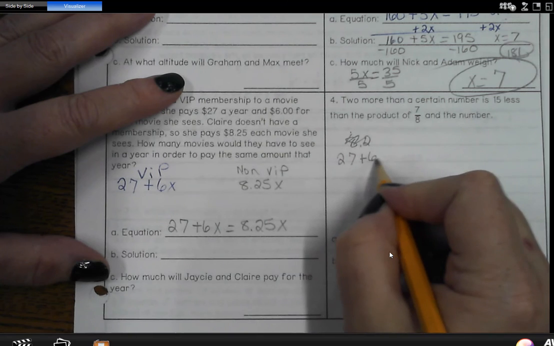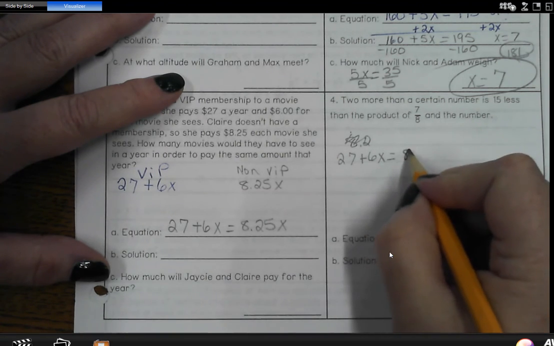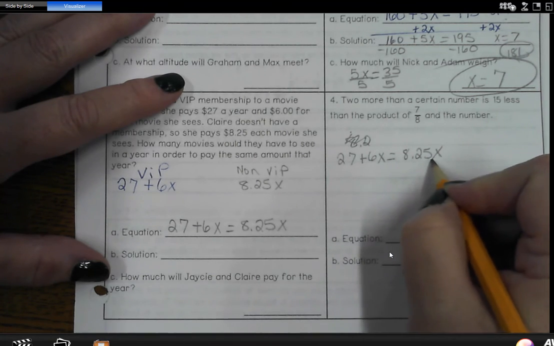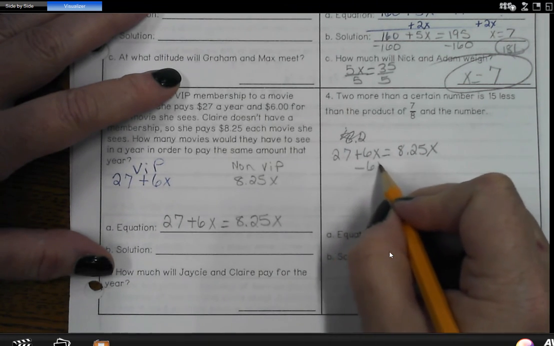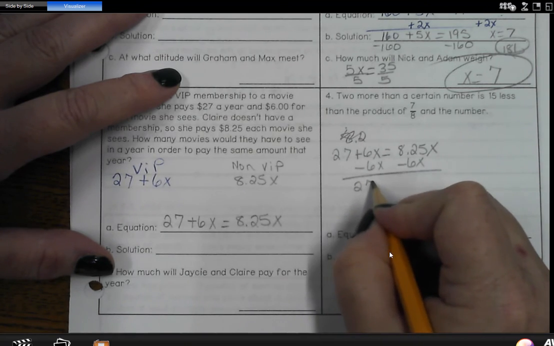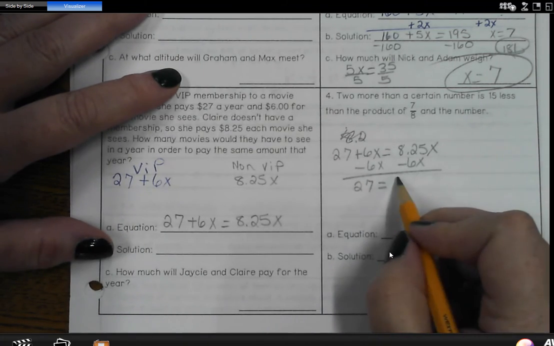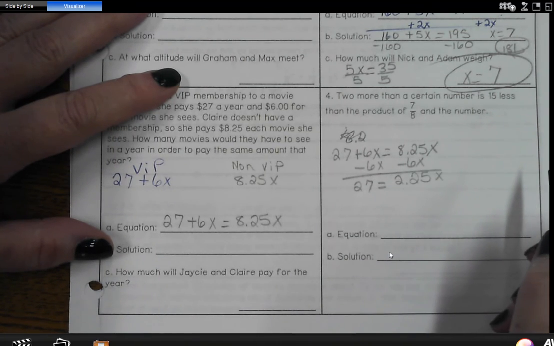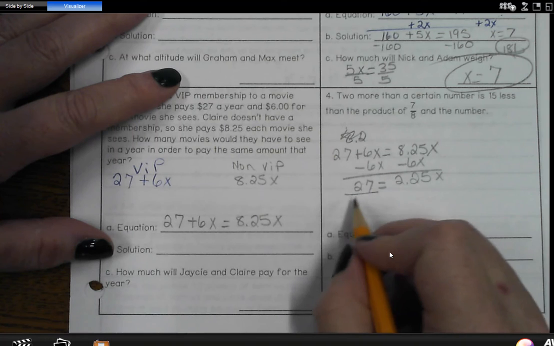I'm sorry, what? I still can't hear you. No. So I'm going to subtract 6x from both sides. 27 equals 2.25x. Is that right? Because I can't seem to add.